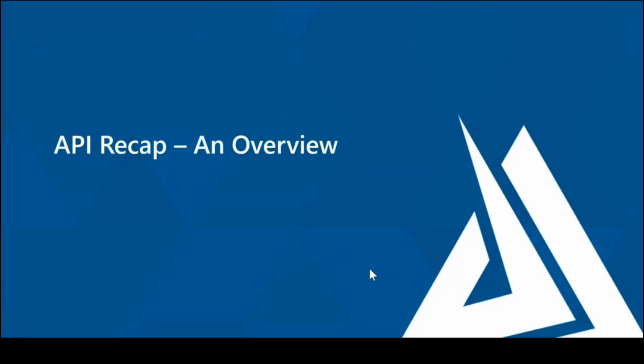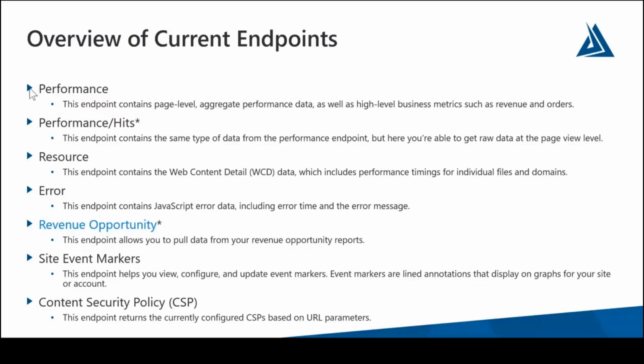All right, so a quick recap of the API. Here is a list of the current endpoints in the Blue Triangle API. If you've joined us before for these API trainings, you'll notice that we've added a couple of endpoints. One is the revenue opportunity, which we'll be talking about today. And just recently, the beginning of the week actually, we introduced the performance/hits API.